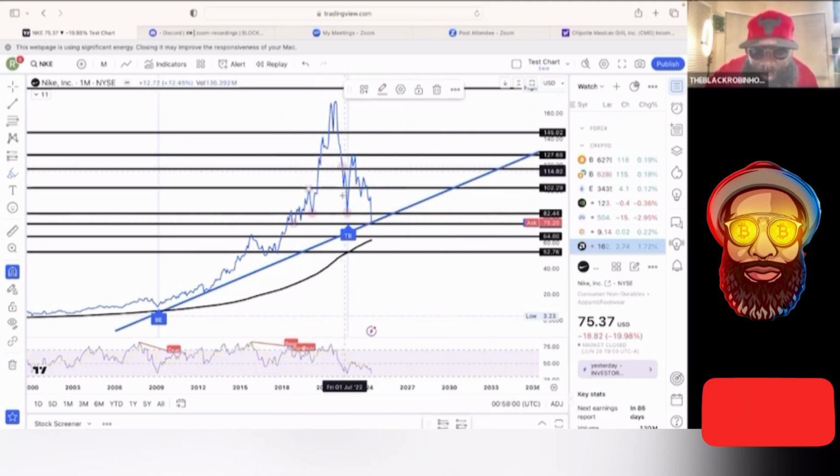Boom, boom, boom, boom, boom. And because there's a boom here, I'm expecting a boom here.